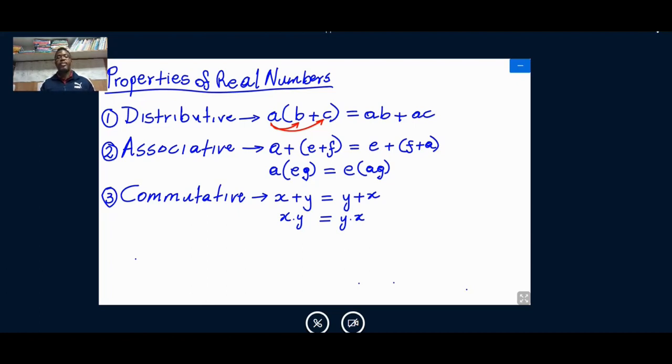I hope, guys, you understand this thing. I hope you'll be able to work with these properties because they are important. They are the fundamental building block of algebra. We're still going to do more.